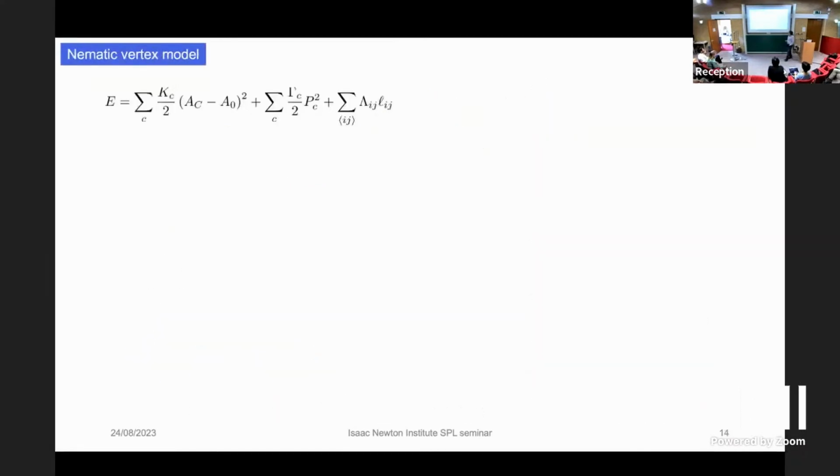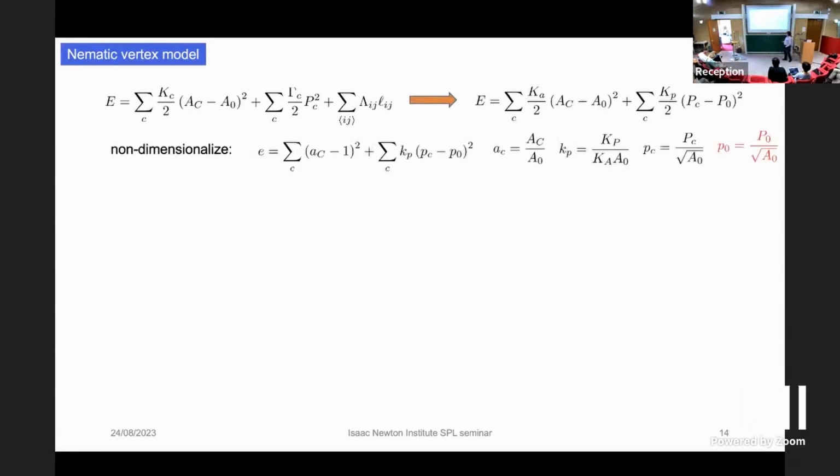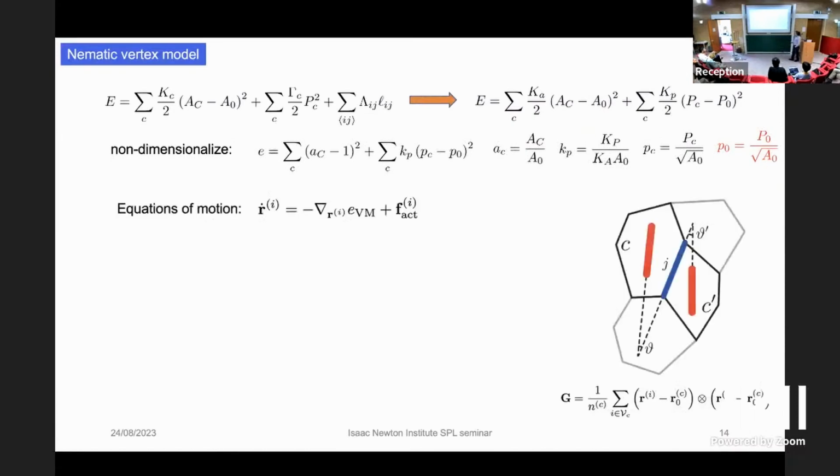So what we decided to do was to see if we can add some kind of nematic-like response to the vertex model. So we start with the vertex model, write it in the symmetric form, and then non-dimensionalize it. And this is essentially us cooking this up.